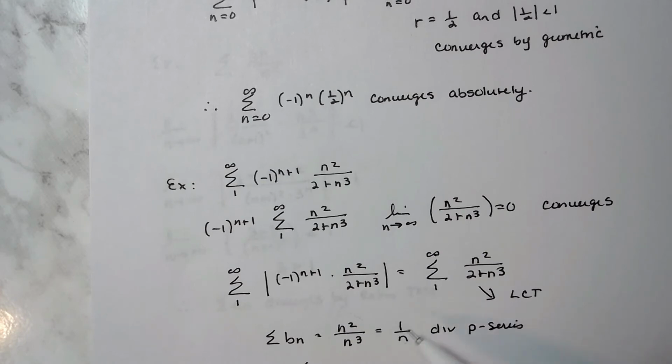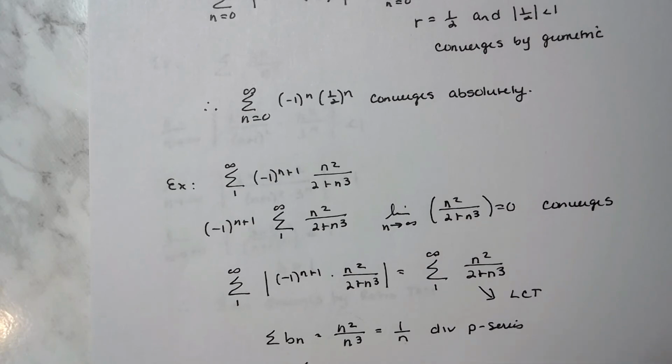And then I take the limit of the ratio of a sub n to b sub n, which is the limit of a sub n times the reciprocal of b sub n, and I clean it up. Well, look, I have n cubed on top, n cubed on the bottom, so the limit is the ratio of leading coefficients, which is 1.